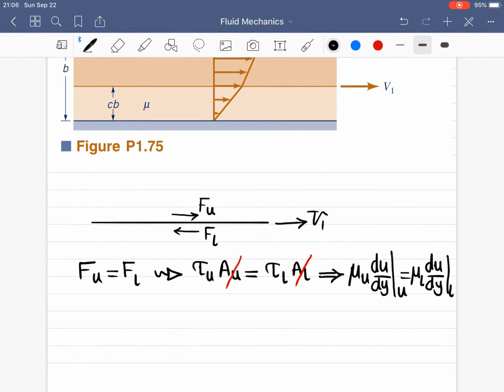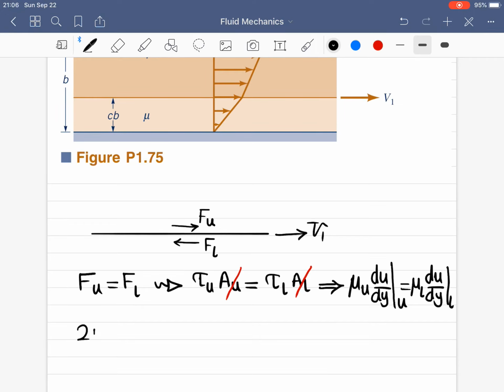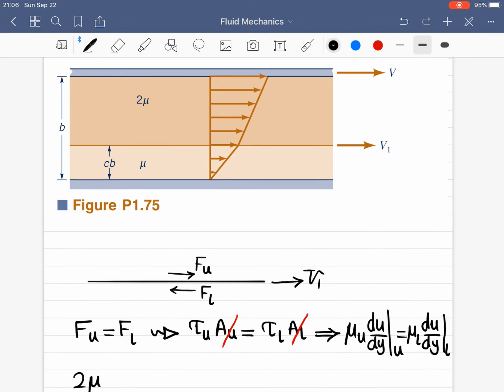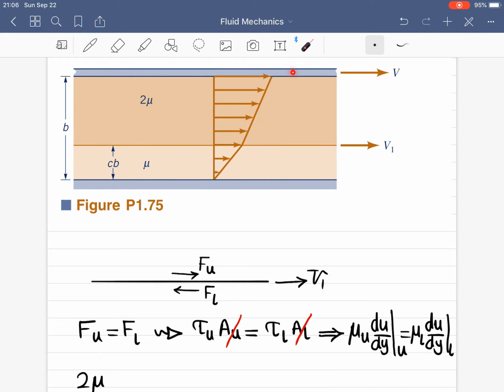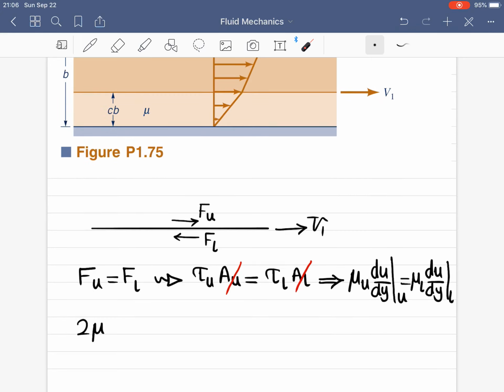But the viscosity on the upper surface is 2 mu, and here the velocity is v, and here is v1.